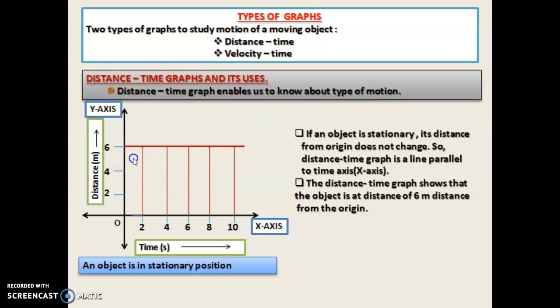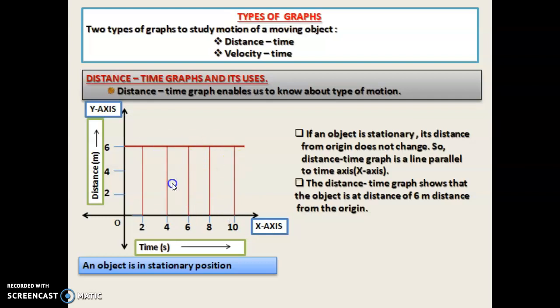First, we can see this one. This is the example for an object in a stationary position. Here time is taken along the x-axis and distance is taken along the y-axis. If the object stays at the same place as time changes, we get a straight line that is parallel to the x-axis.